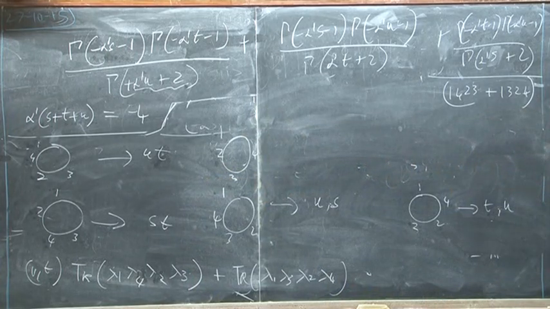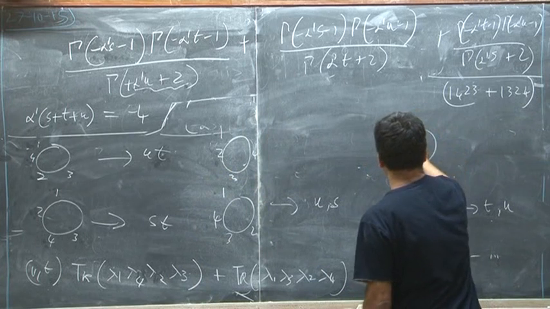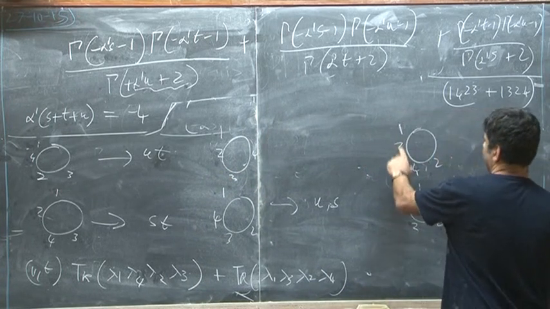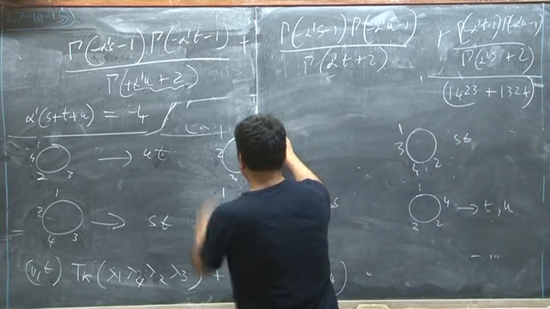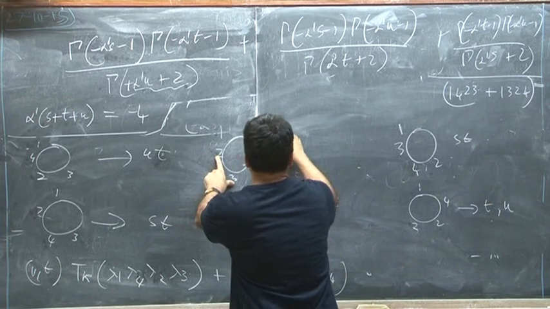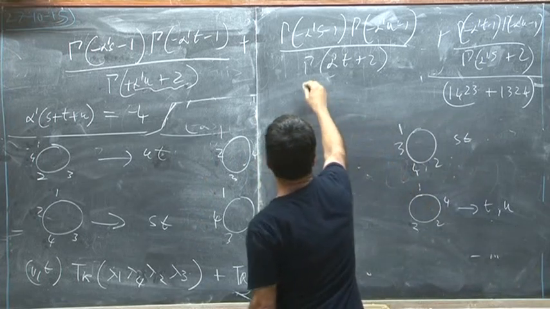It's at the end. 1, 3, 4, 2. Okay, this was ST. Okay, and this was UT. This is, sorry, TS, and U, same as TS. Yeah. Okay.